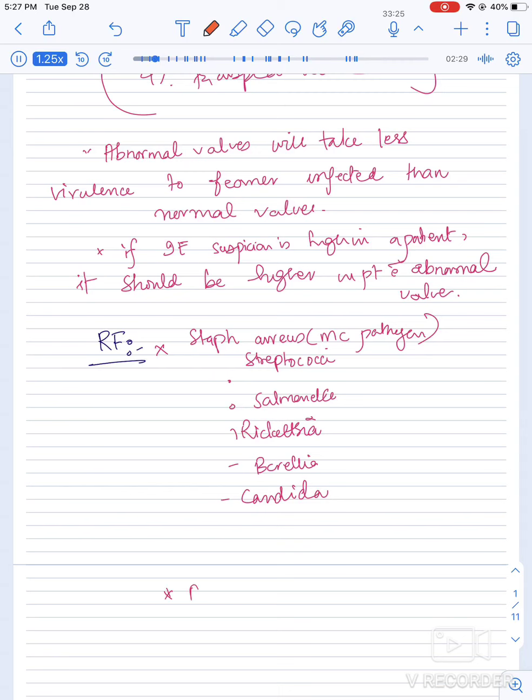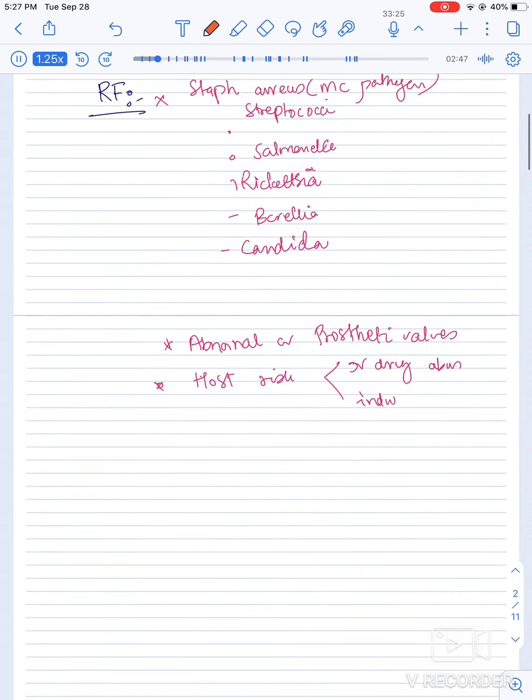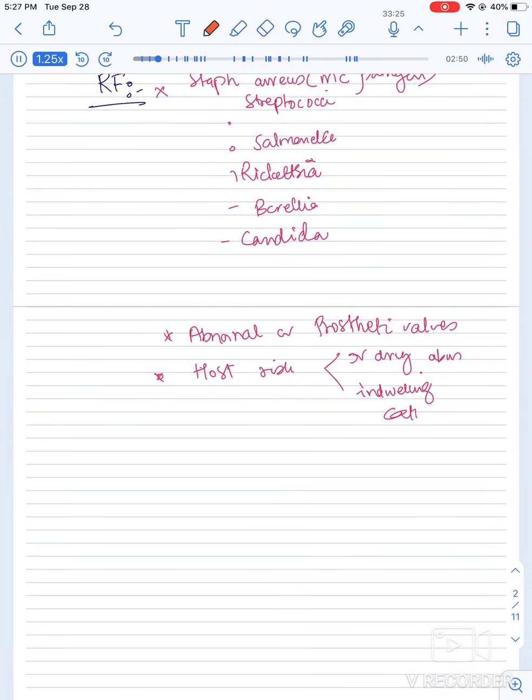If the patients have abnormal or prosthetic valves, as I said earlier, or if they have other host risks, which include IV drug abuse, indwelling catheters, etc.